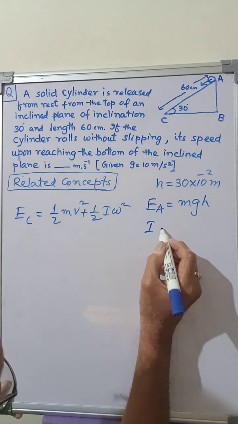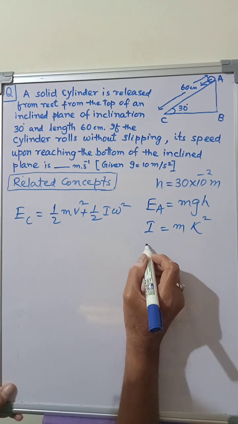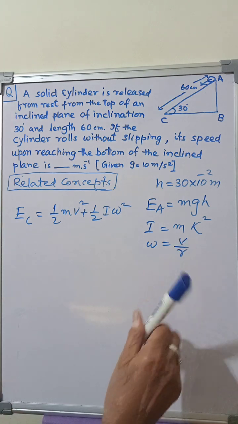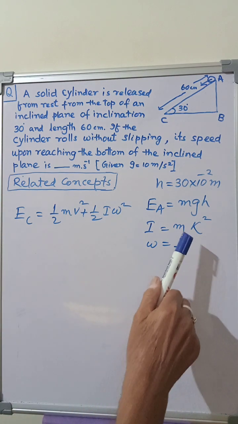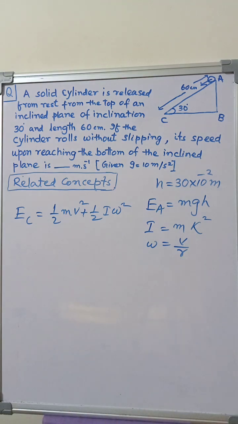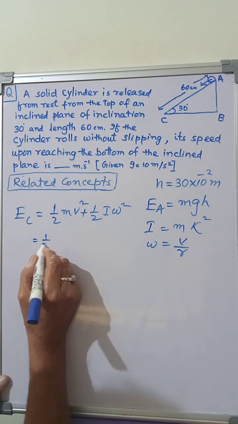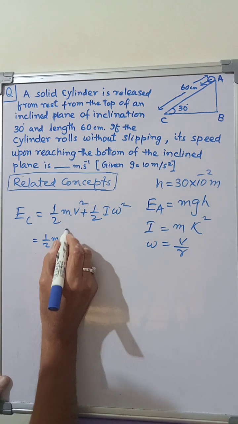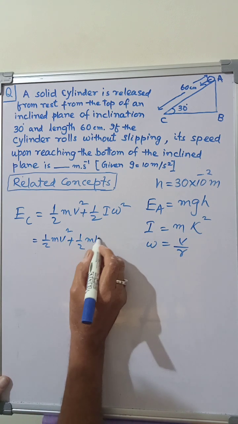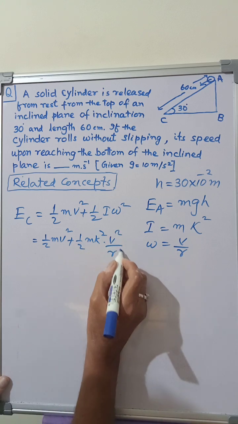Now I is equal to mk square and omega is equal to v by r, where k is the radius of gyration of the cylinder and v and r were known to us. Putting the values here, we get half mv square plus half I, which is mk square, into v square by r square.